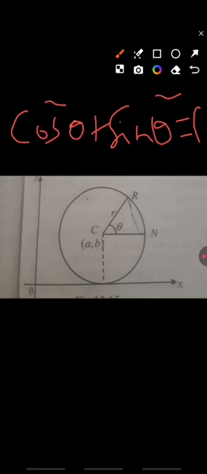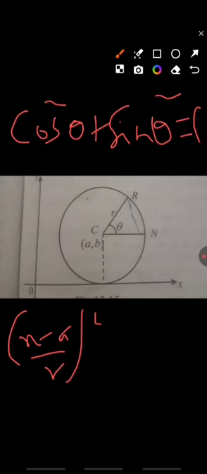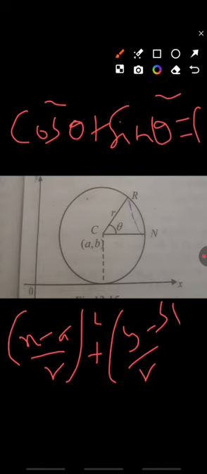So here I can say that my cos, I know my cos to be (x minus a) all over r. I can square it, then plus my sine also, which is (y minus b) all over r, squared, is equal to 1.